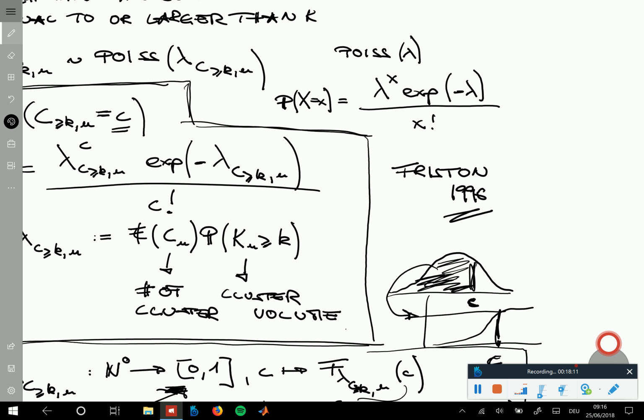There you have to think about this. If x is 0, what is lambda to the power of x? Yes. And what's the factorial of 0? 1, exactly. So the only thing that remains is the exponential of minus lambda.